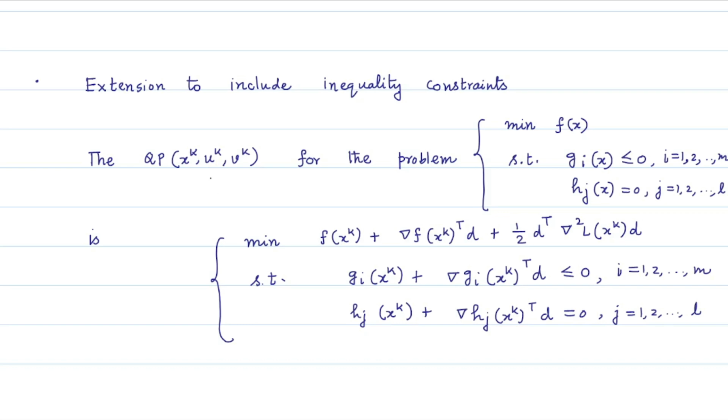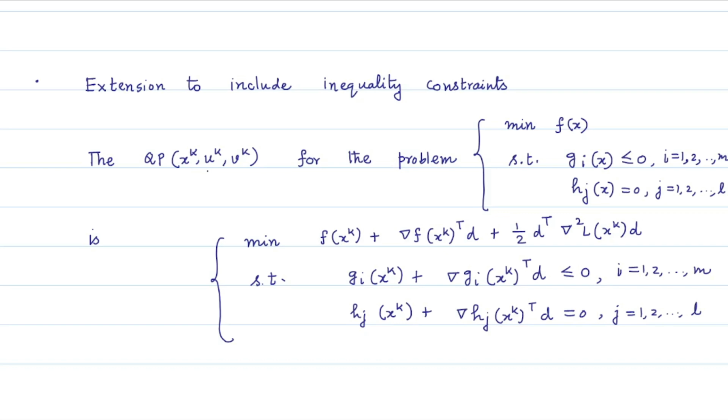But this restriction was not there when we just had equality constraints. There vk could be anything, any real number, but as we know, Lagrange multipliers associated to the inequality constraints are to be non-negative.